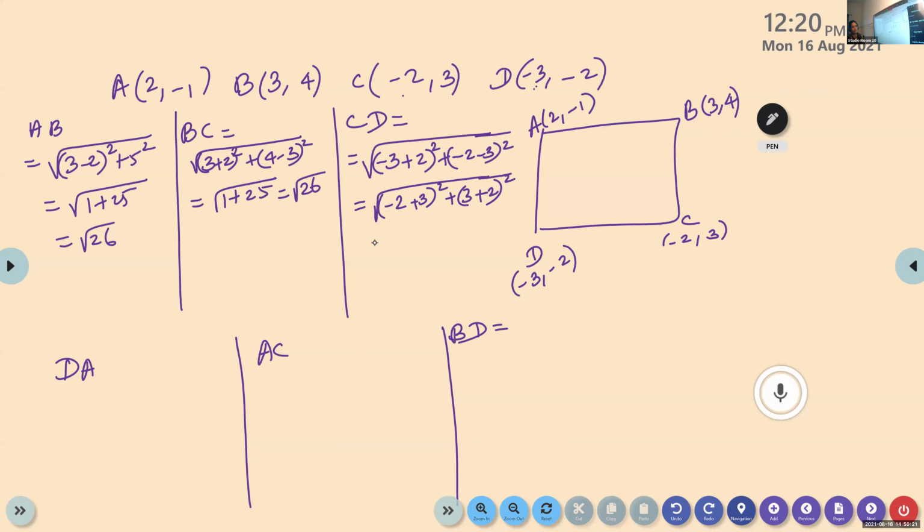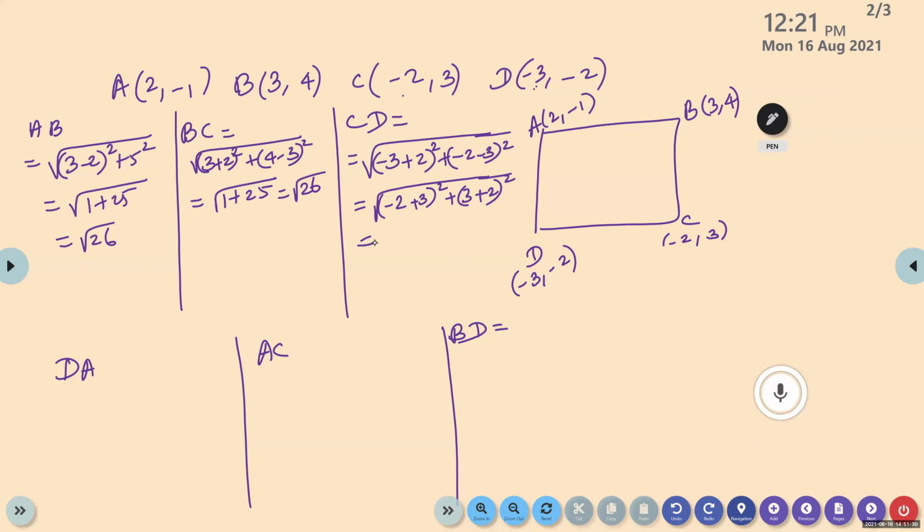It will not affect the answer. This 1 square plus 5 squares will get again root 26.